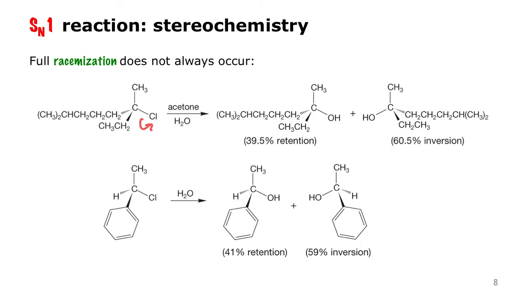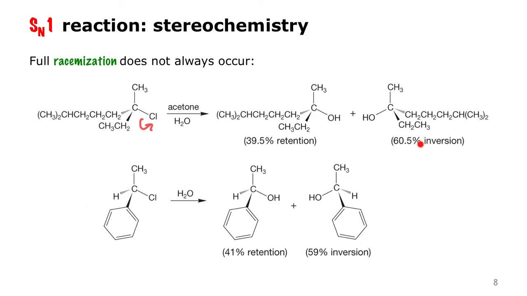After deprotonation, our products are alcohols. And you can see that one of those products has retained the configuration that we started with, and the other product has inverted. And these are the experimentally determined ratios. You can see that we've actually got less retention and a greater amount of inversion. The reaction has favored the inverted product.